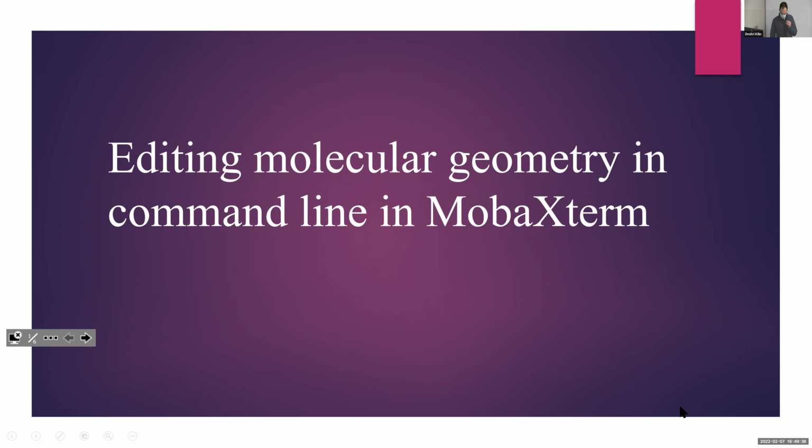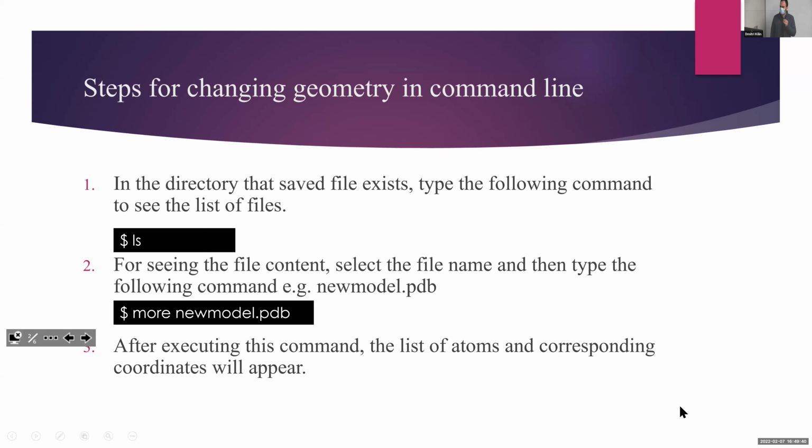So first of all, for editing coordinates in geometry, we need to choose the directory that the save file exists in. Then for seeing the list of the files, we need to type the following command.